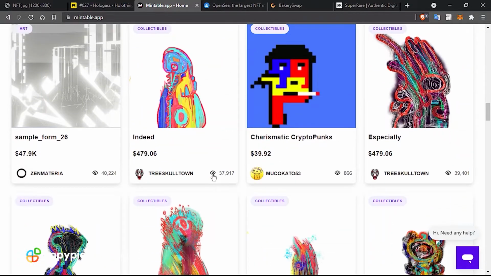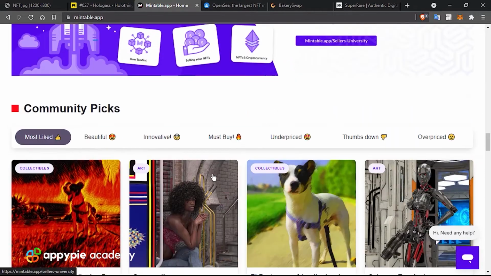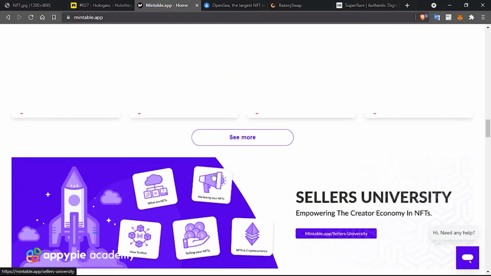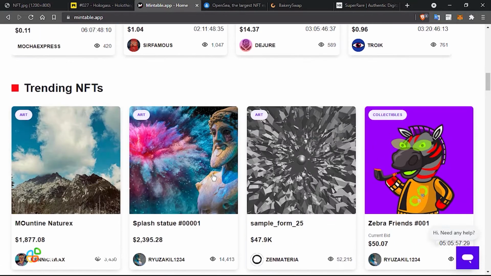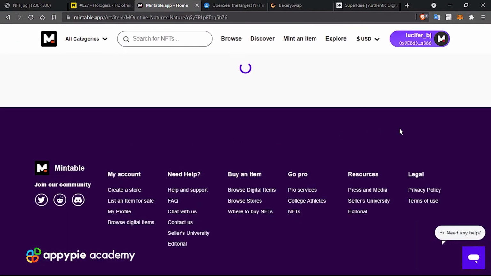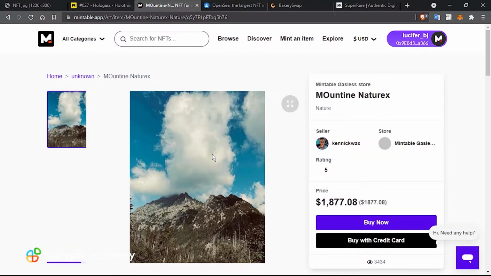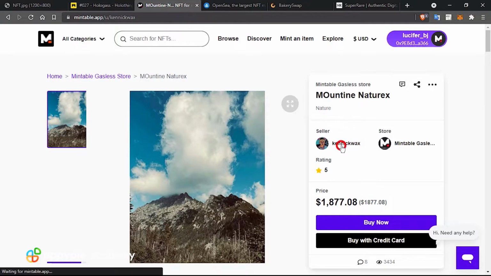So you might have already seen roughly. Let's see the first one, the mountain one that we had seen earlier. This one is priced at 1,877 US dollars. Before you buy, you need to remember what sort of seller you are buying from.